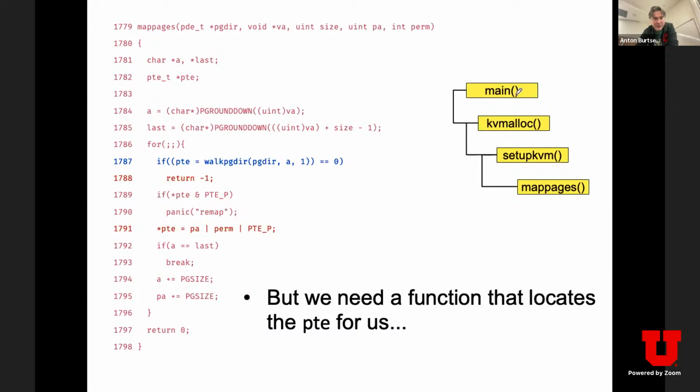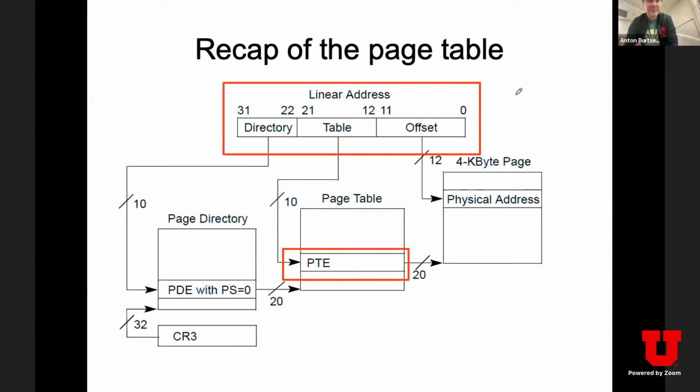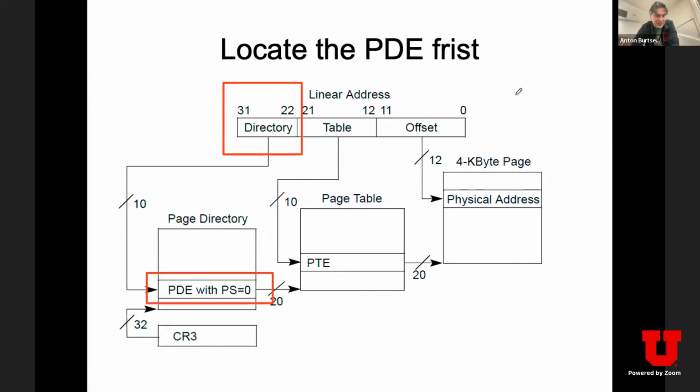But this function is a little tricky. I said, okay, let's think of how we're going to do it. So you figured it out. You said, let's walk the page table. Specifically, remember, this is how the page tables are constructed on Intel. You take a linear address and split it into the higher 10 bits, which provide an index into this page table directory.